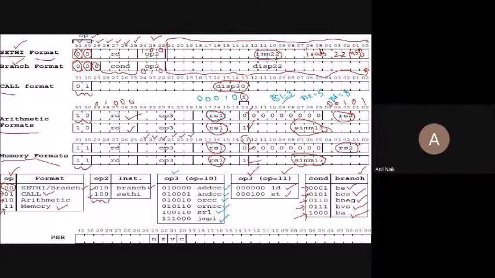Again, the destination and the registers RS1, RS2, RD each reserve 5 bits.